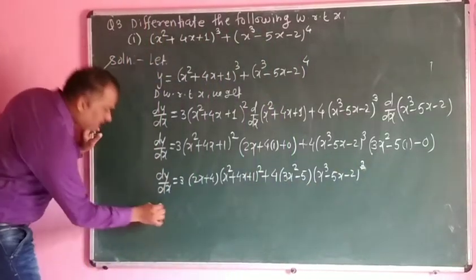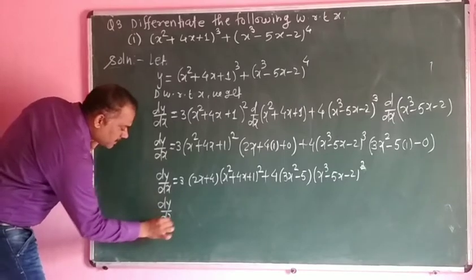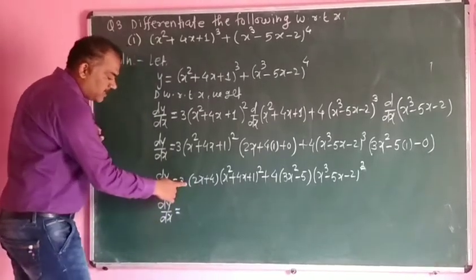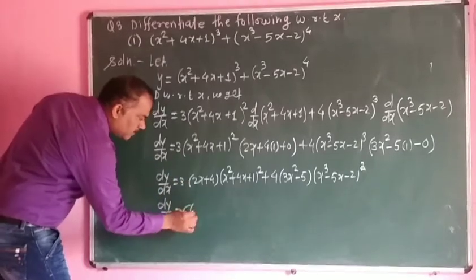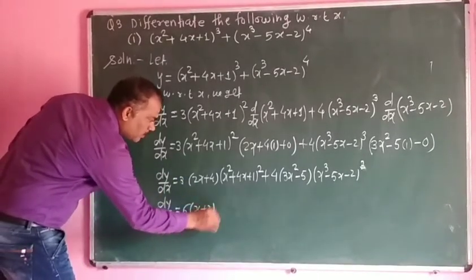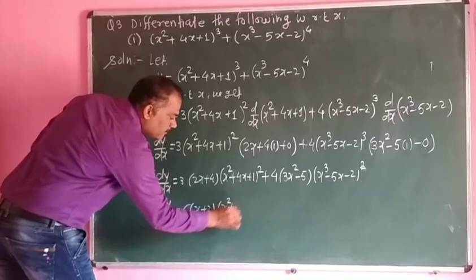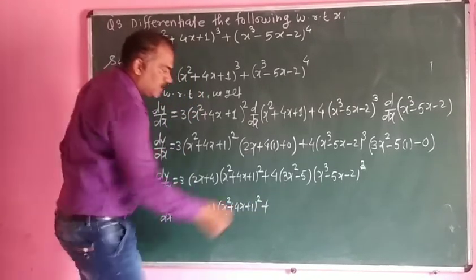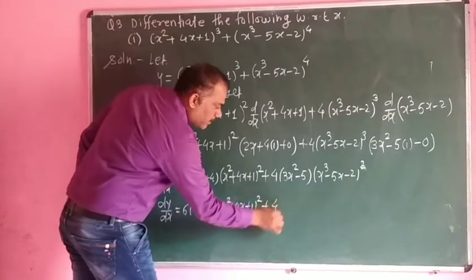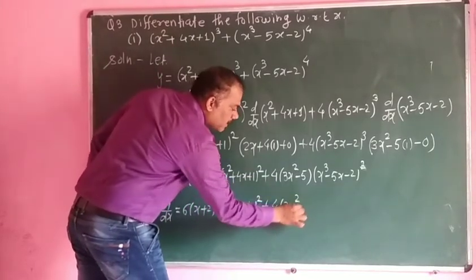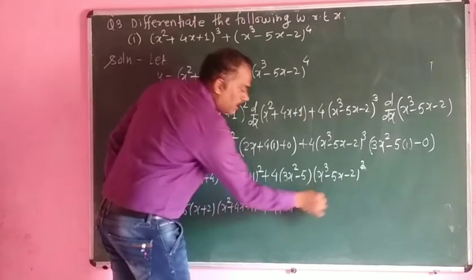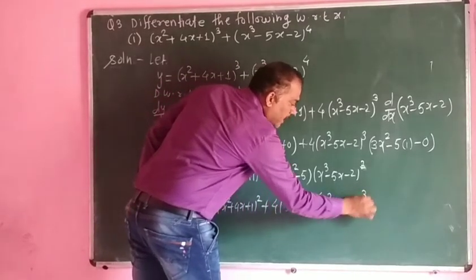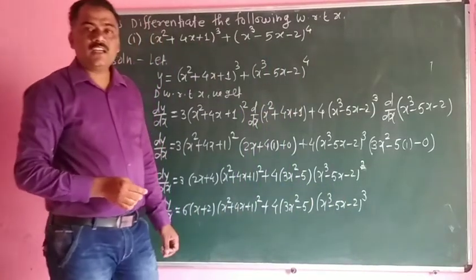That is nothing but dy by dx is equal to, from this bracket we take the 2 common, that is 3 into 2, 6, 6 into x plus 2 into x square plus 4x plus 1 bracket square, plus this second term as it is, 4 into 3x square minus 5 into x cube minus 5x minus 2 bracket cube, which is the required answer.